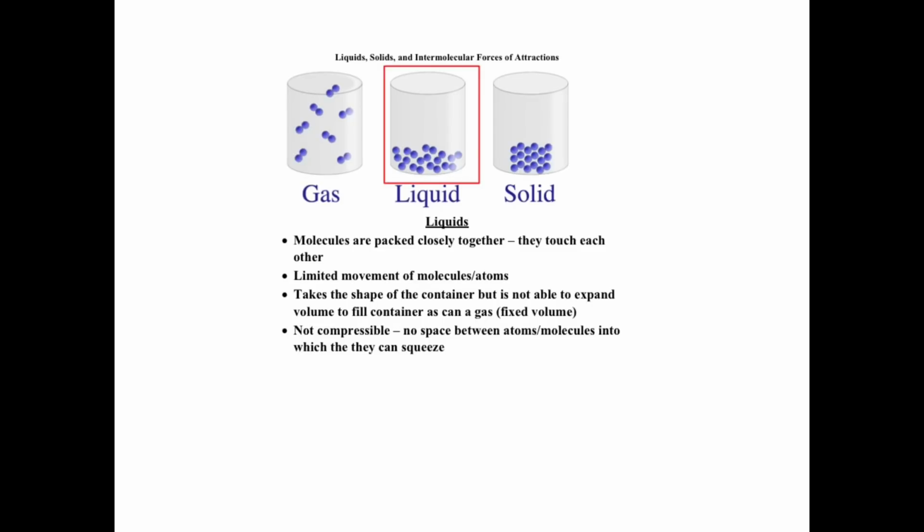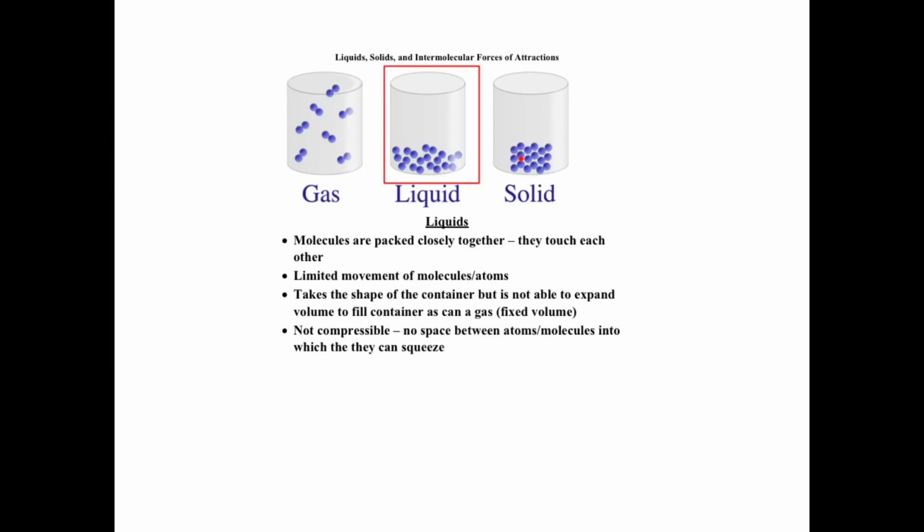So now we can go on and compare what we just said about gases to liquids. The liquid molecules are packed closer together, and that's because there are forces of attraction that hold them close together. They see each other and they're held together, and they touch each other. They have very limited movement because they're held together. Now they can move.